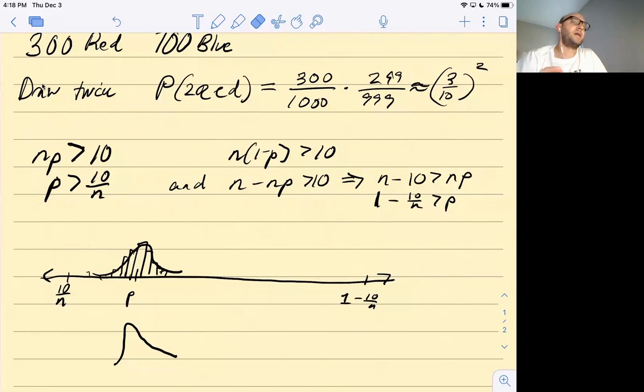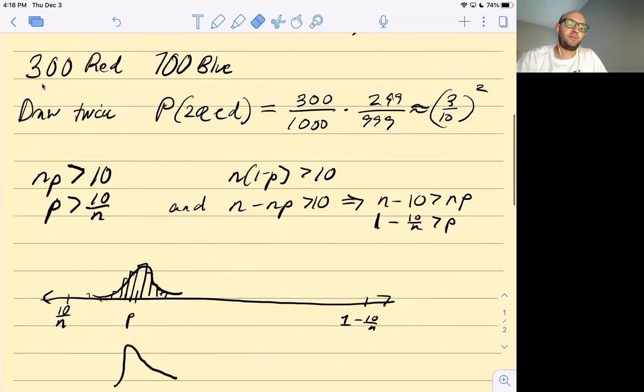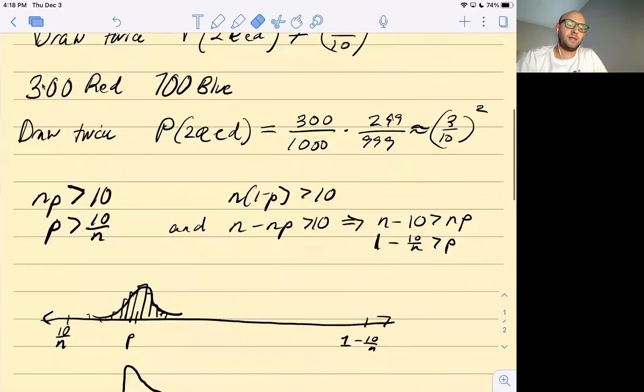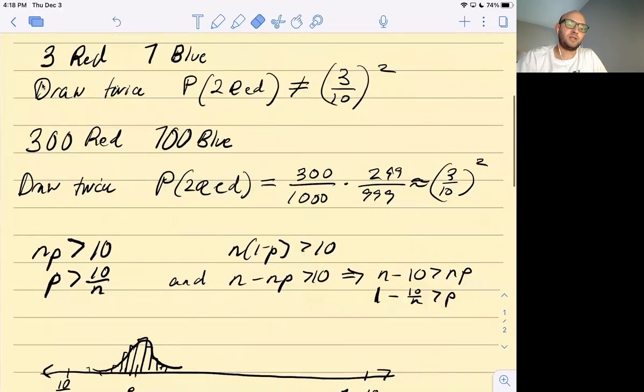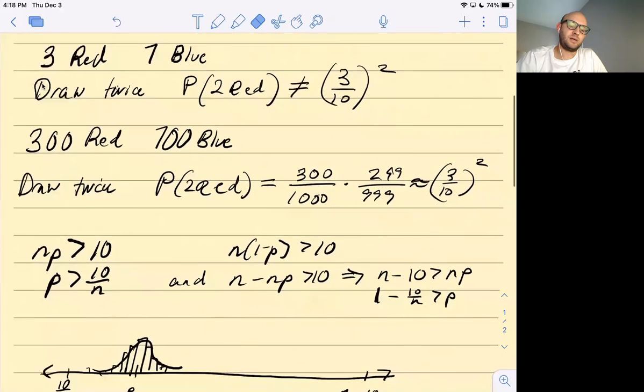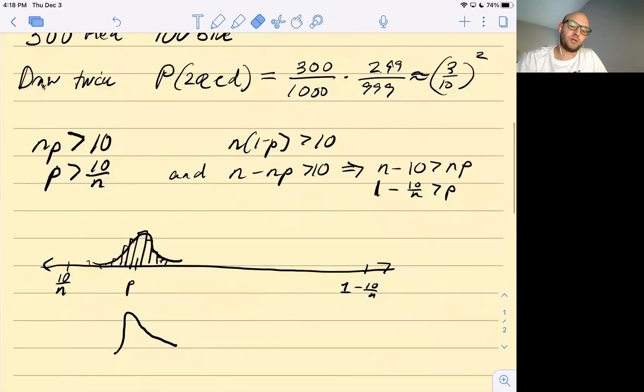One thing you can imagine is if the probability of success is 0, right, then definitely a bell curve isn't a good approximation, because that would mean that everybody is going to be close to the number 0.